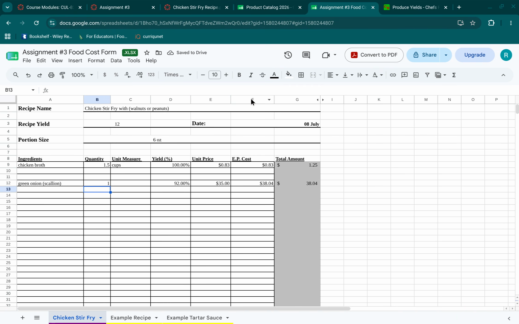These two columns, columns F and G, are calculated for you, so please don't adjust anything here. Do not be entering your unit price in your EP cost column. If you make that mistake, for example, oh no, I deleted the formula, what do I do? Okay, one, you do have your back button.